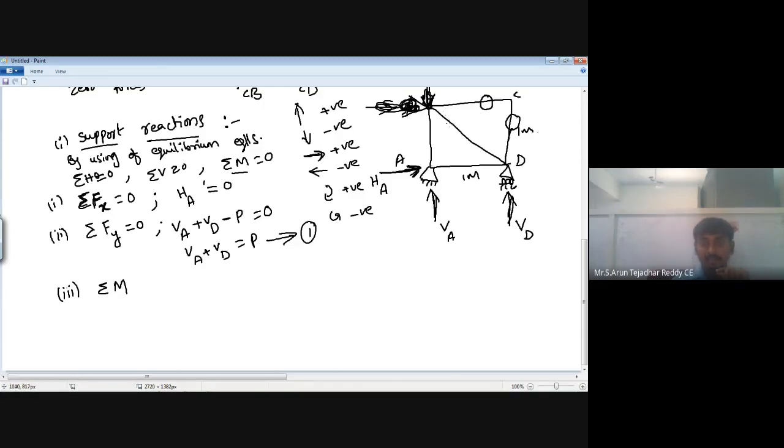Take any point which is convenient to you. In my point of view, A is convenient for me. Sigma moment A is equal to 0. It means all forces passing through point A give 0 moment.